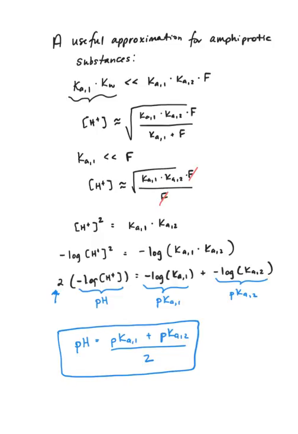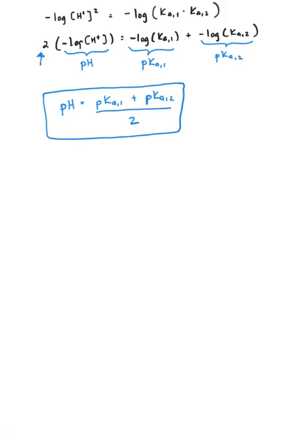Let's apply this equation as a good first approximation to our pH of our leucine solution. pKa1 for leucine is the negative log base 10 of 4.7 times 10 to the minus 3. Here that's equal to 2.33. Similarly, we can calculate the pKa2 of leucine, and that ends up being 9.74.